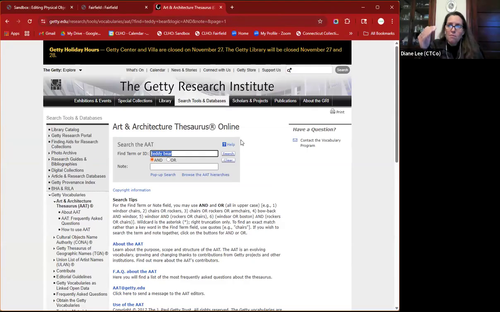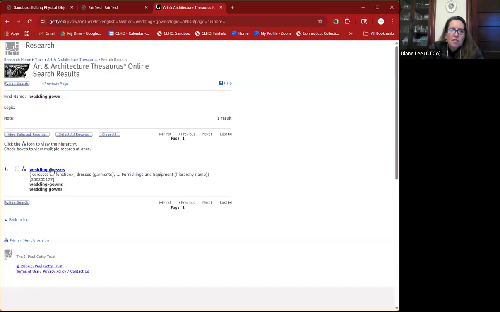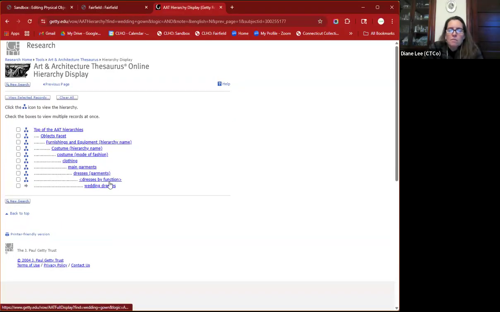I wanted to make sure that all of my wedding gowns at Fairfield were findable and called the same thing. The subject heading, I can make the same thing, but I wanted the title to be consistent as well. So if I type in wedding gown and search, the first hit you get is wedding dresses. So that's the preferred term for those types of garments.